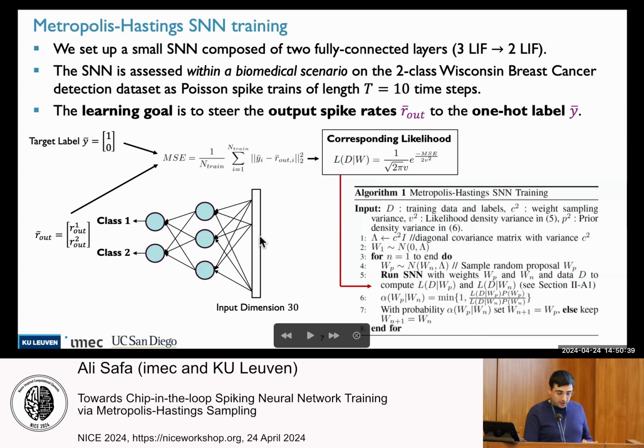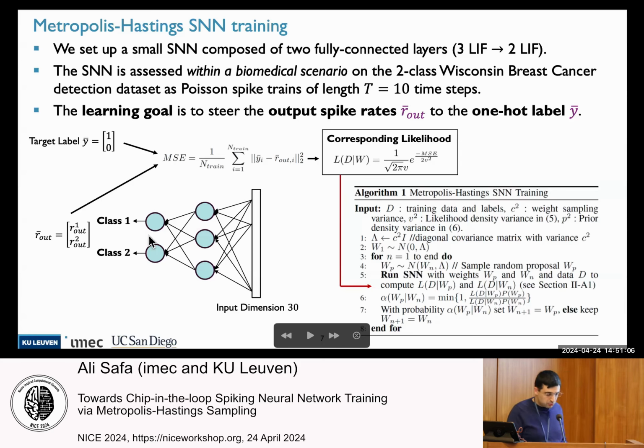To do that, we run the spiking neural network in a forward pass only. In this case, we are using data coming from the Wisconsin breast cancer detection dataset. So we have spike trains of dimension 30 that are Poisson encoded. We run them through the spiking neural network, which has two outputs that indicate the presence or absence of cancer detection in this use case.